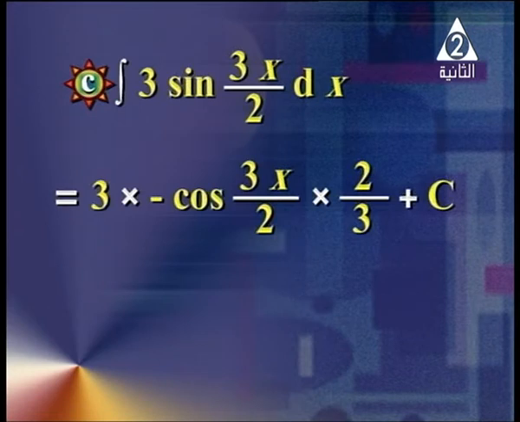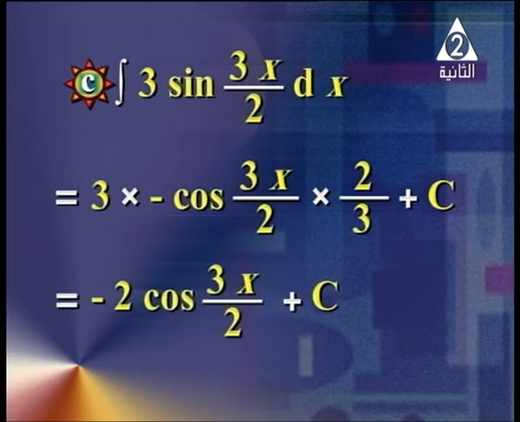Negative cosine 3x over 2, divided by the coefficient of x, 3 over 2, or multiplied by 2 over 3, the multiplicative inverse, plus c. Then the answer is negative 2 cosine 3x over 2 plus c.